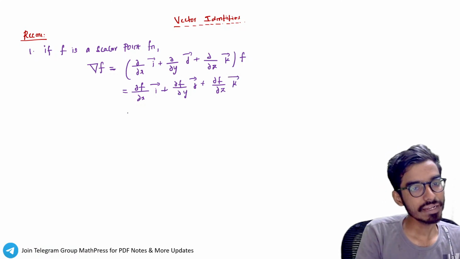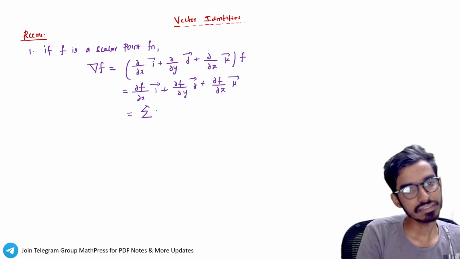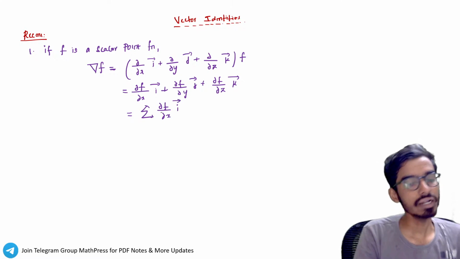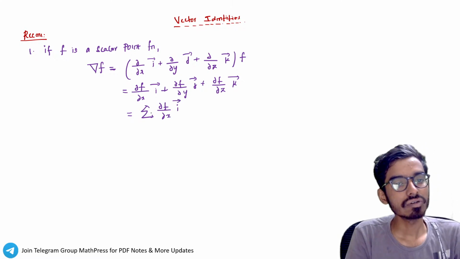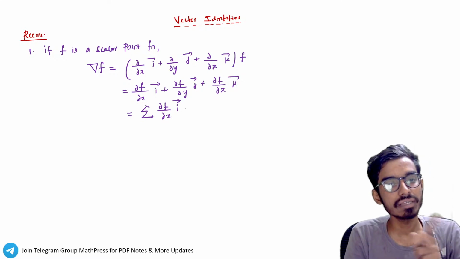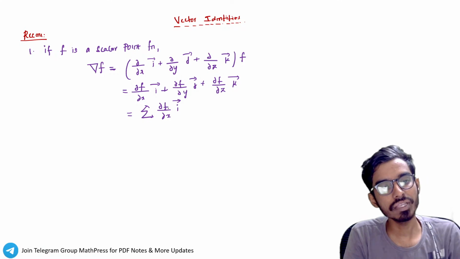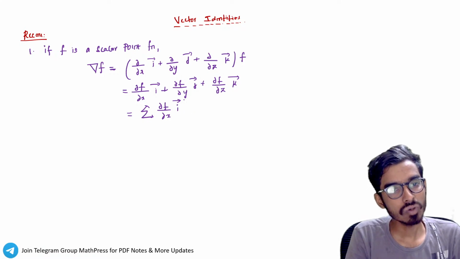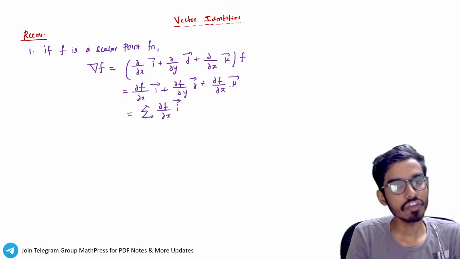Now this can be written as the summation of dou f by dou x into i vector. Both are the same. What this summation says is that you are just running dou f by dou x into i. If you sum this, it will be dou f by dou x i plus dou f by dou y j plus dou f by dou z k.